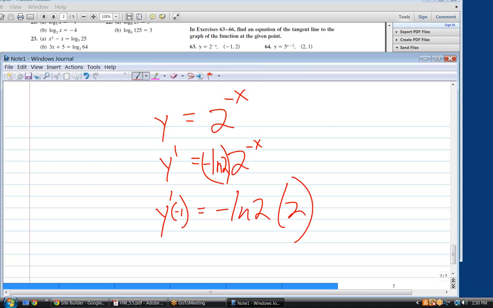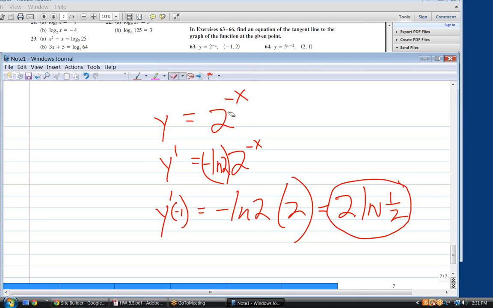No, excuse me, that is the slope. So we're going to call that the slope. We could even say natural log of 1/2 times 2. In other words, I could say that that is 2 times natural log of 2 to the minus 1, which is that. So that's the slope at the point x equal minus 1.